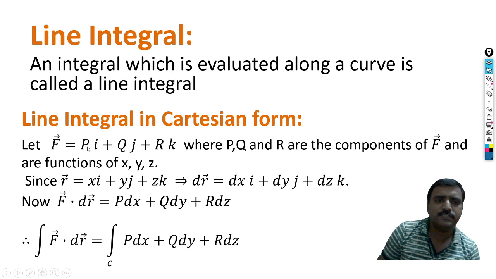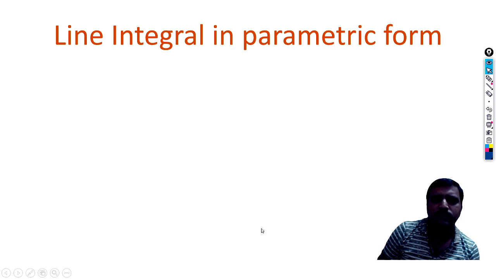You take the product of the coefficient of i here, which is P, and the coefficient of i there, which is dx. So P dx plus Q dy plus R dz. So the integration of F dot dr along this curve is the integration of P dx plus Q dy plus R dz.